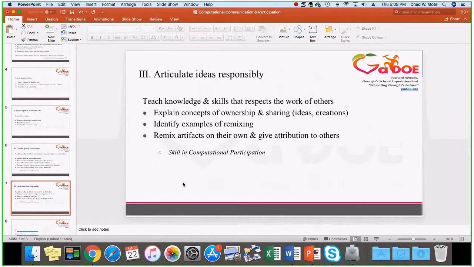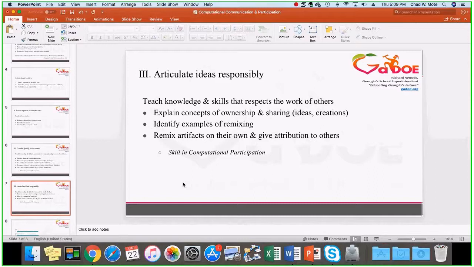And then being able to articulate ideas responsibly. I can't tell you how many times, and this is a common problem that we have, especially in today's world, where students are able to pull down and copy and paste, and there are writing samples, there are essays, all this stuff out there that students can own and claim for themselves.